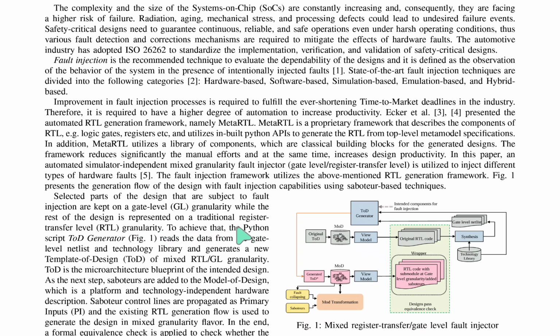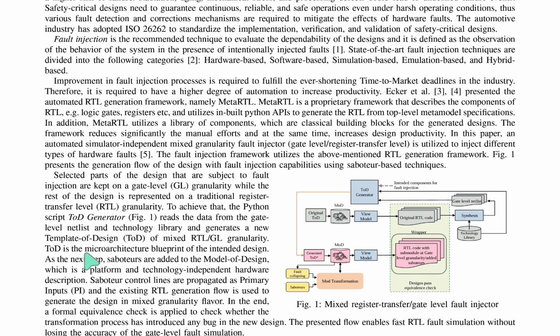To achieve that, the script TOD generator, figure 1, takes data from the analysis and technology library and generates a new template of the design, TOD, of mixed RTL and gate-level granularity. So the TOD is a microarchitecture blueprint of the intended design.